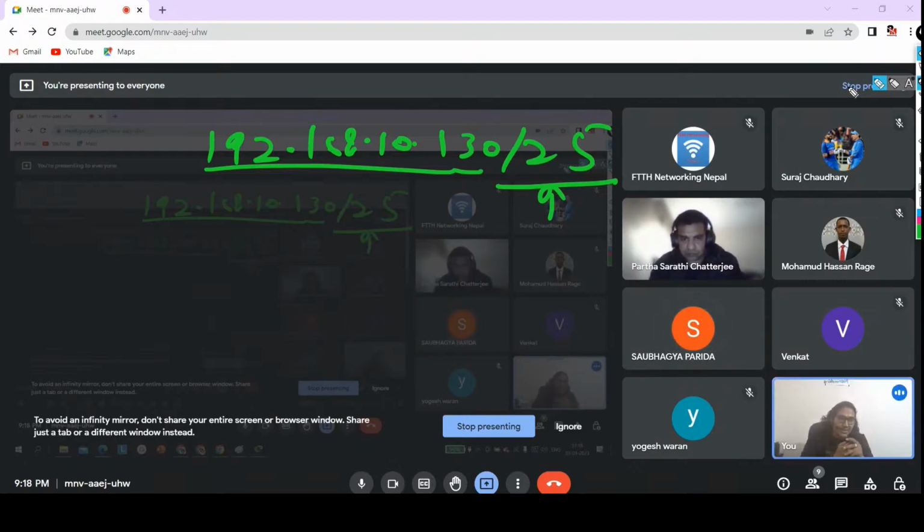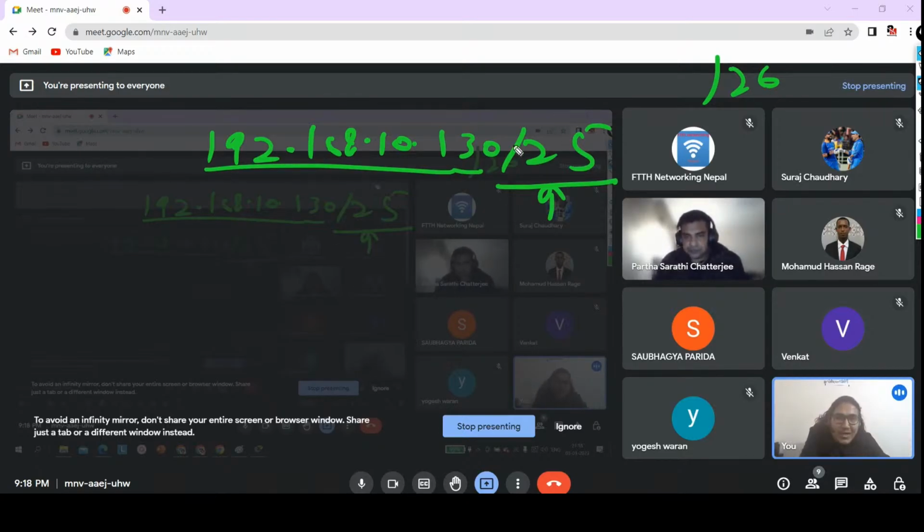What I am saying is, you need to find the block size in your mind for any slash value. For /26, the block size will be 64, right? You should practice. Once you practice, everything will fit in your mind.